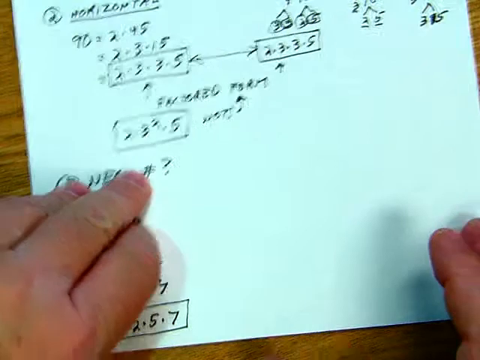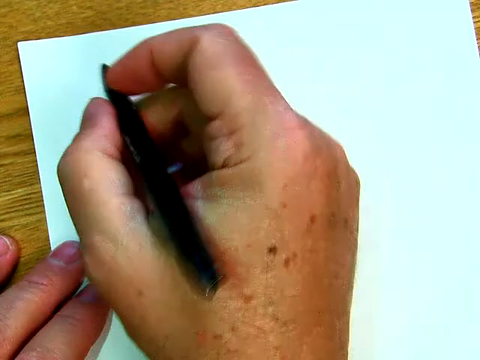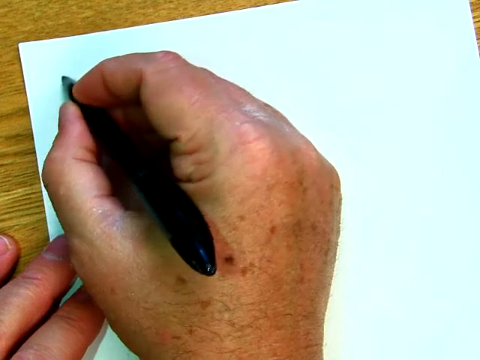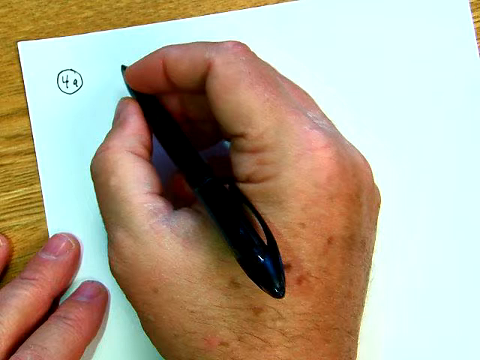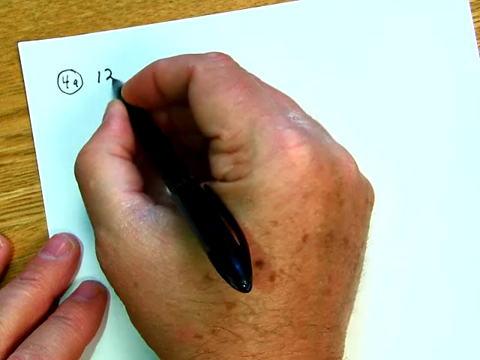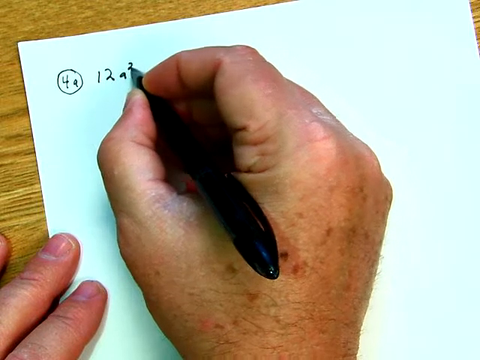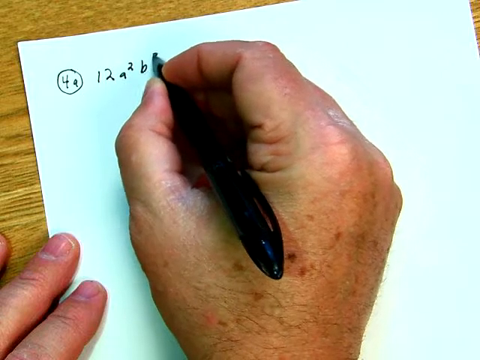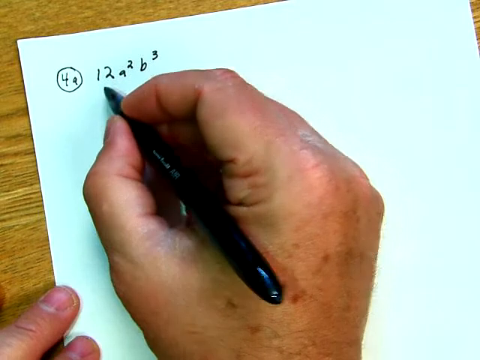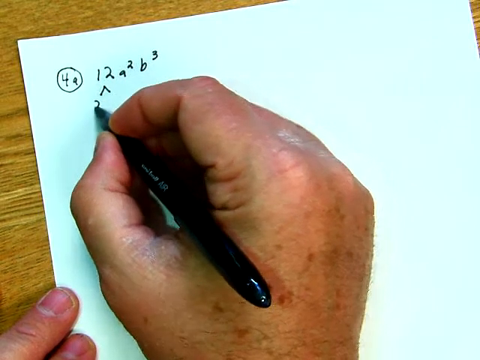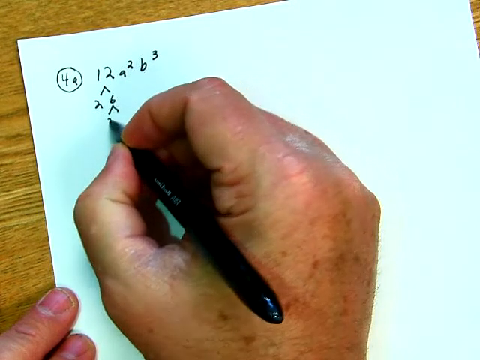All right, let's take a look at example number 4. In example number 4, we're starting to talk about monomials, okay? So let's look at 4a. How do I factor out a monomial? Let's say I'm given 12a squared b cubed, okay? Well, it's pretty simple. You do the number just like we did before, 2 and 6. I'm using the tree method, 2 and 3.